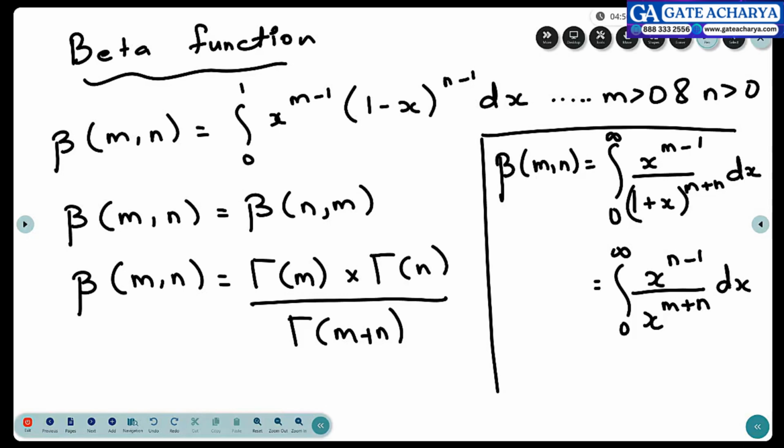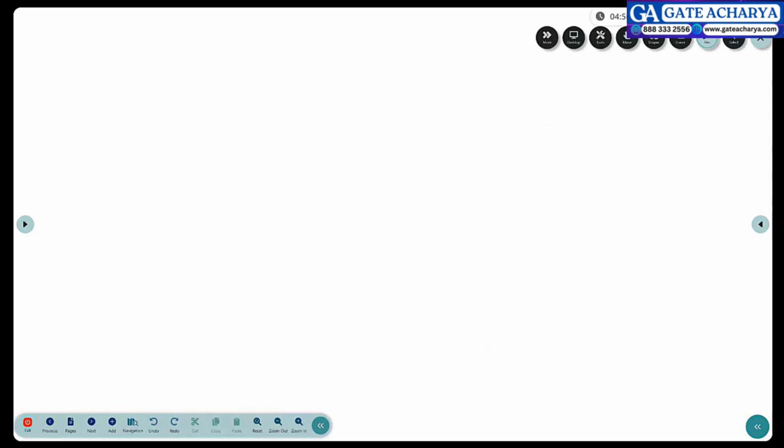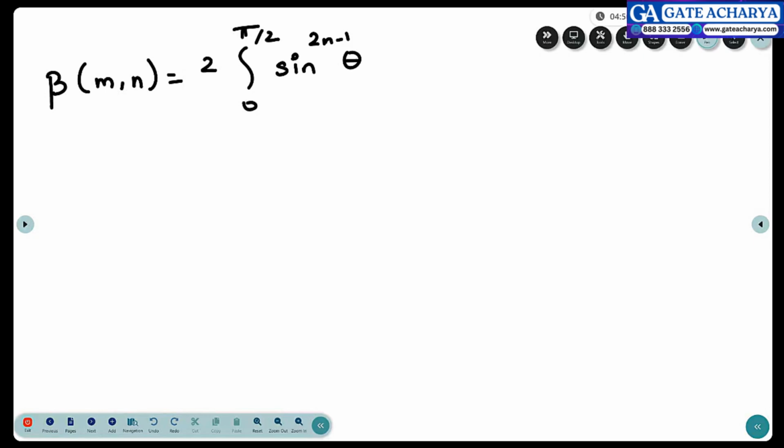There is a trigonometric version also. Let's write that down. This is the trigonometry version.